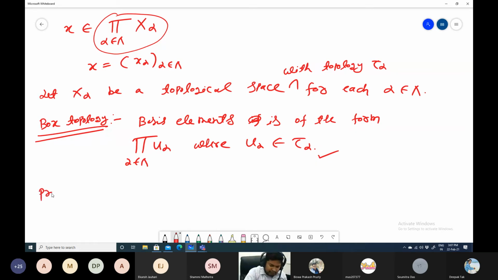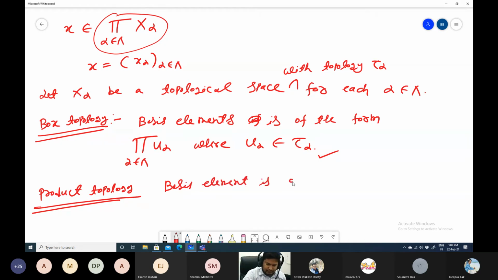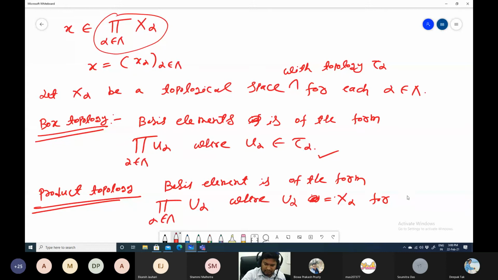Now what is the product topology? Product topology has basis elements of this form: the product of U alpha, where U alpha is equal to X alpha for all except finitely many values of alpha.